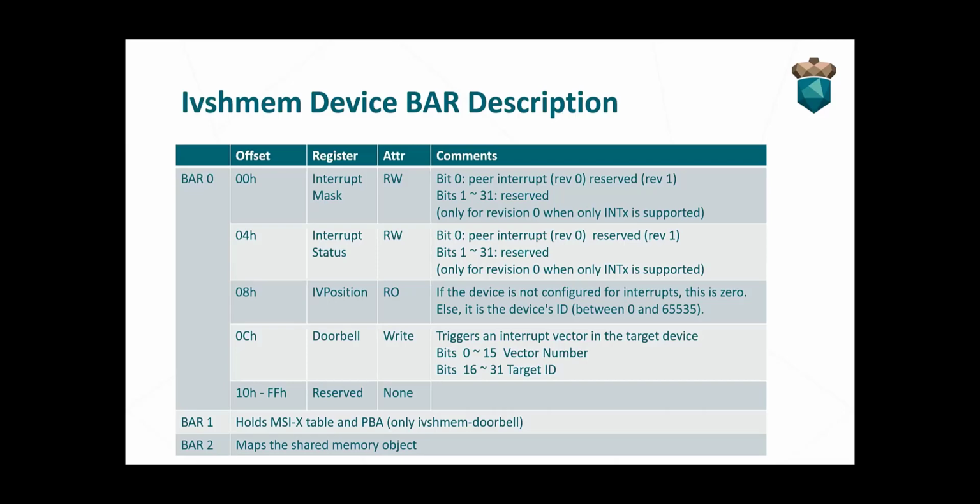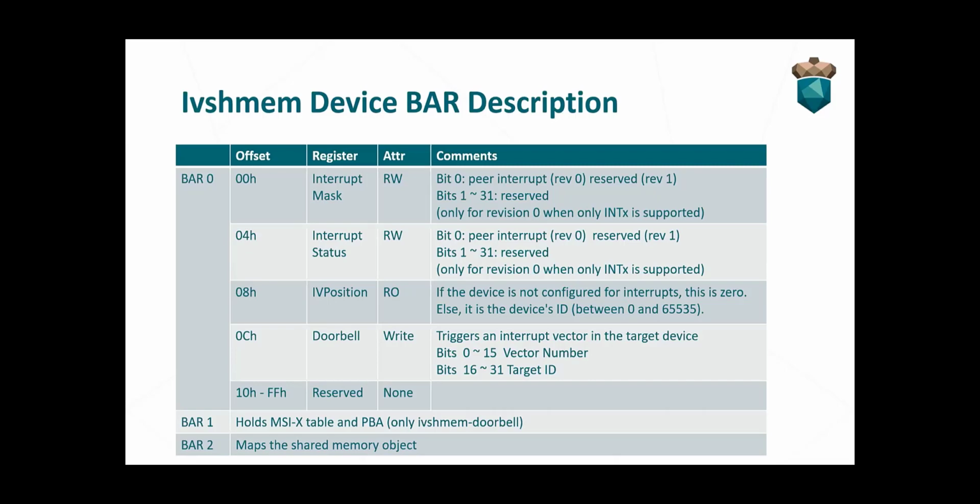BAR 0 is for the registers. Currently, there are 4 registers defined in BAR 0. Offsets 00 and 04 are used for the legacy interrupt, which is only valid for revision 0, in which only legacy interrupt is supported.